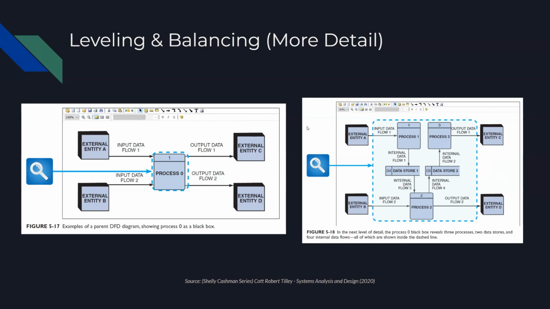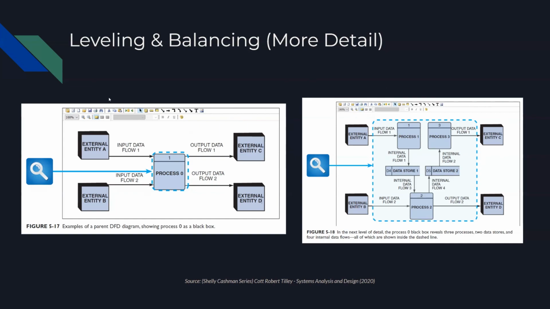So what exactly is balancing? It basically ensures that input and output data flows are consistent between the parent and the child. Using more direct terminology, the parent and the child, it would be this one and then this one.